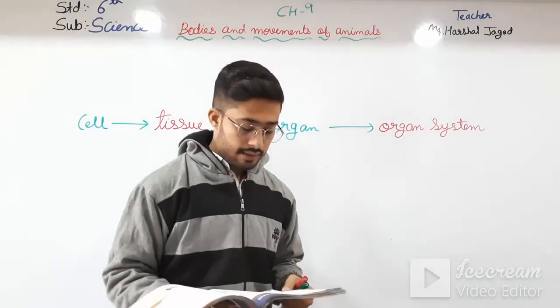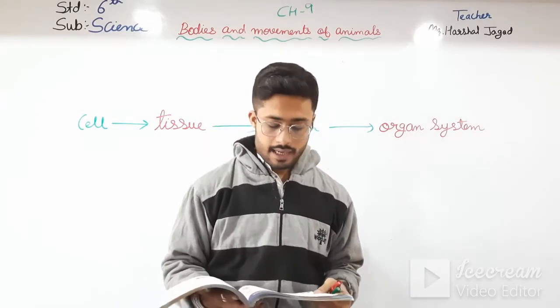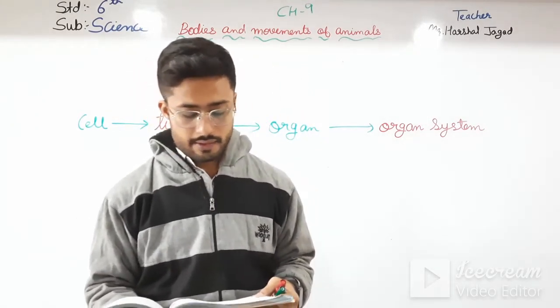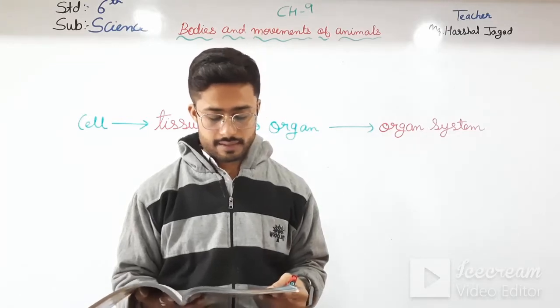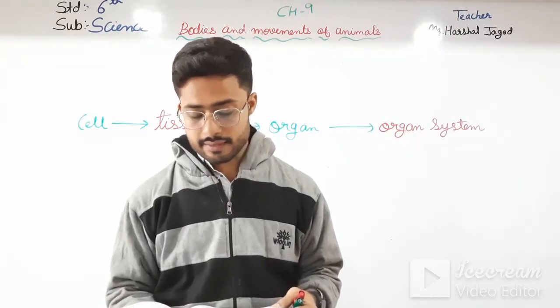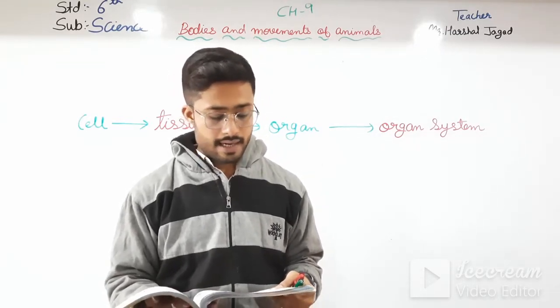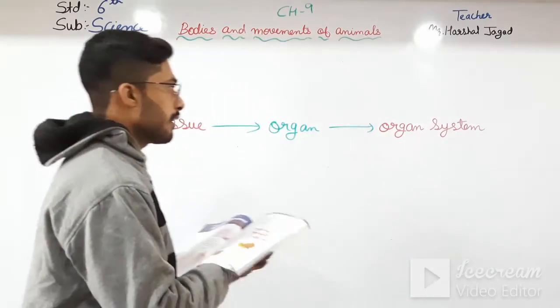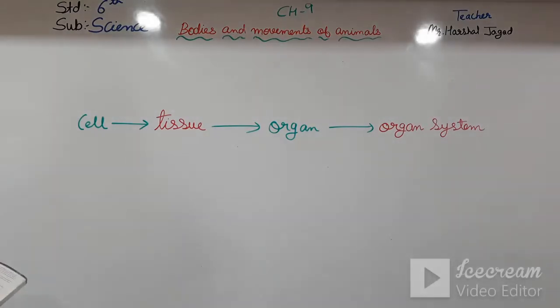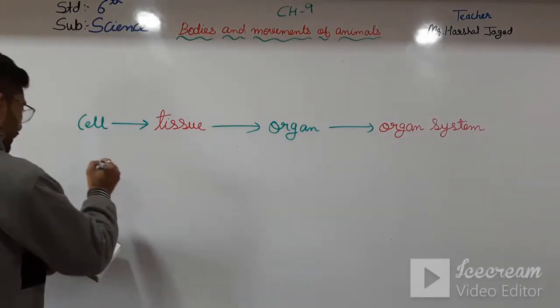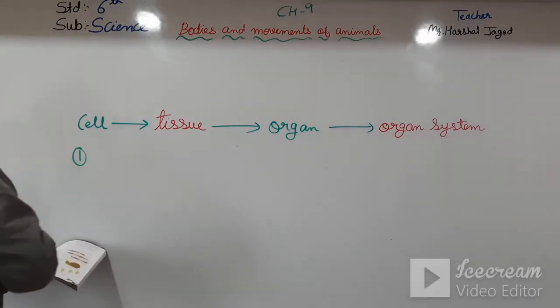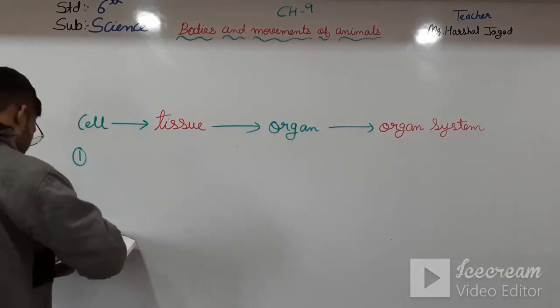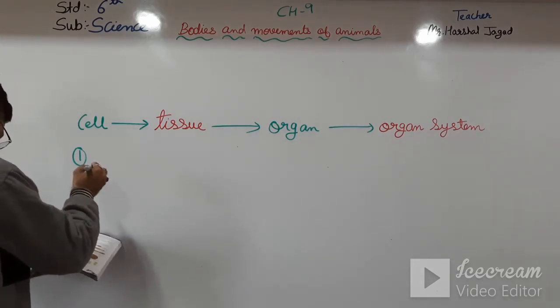The different organ systems in our body are the respiratory system, circulatory system, digestive system, nervous system, skeletal system, muscular system, reproductive system, and excretory system. Here are these organ systems, and I am writing them one by one. The first one is the respiratory system.